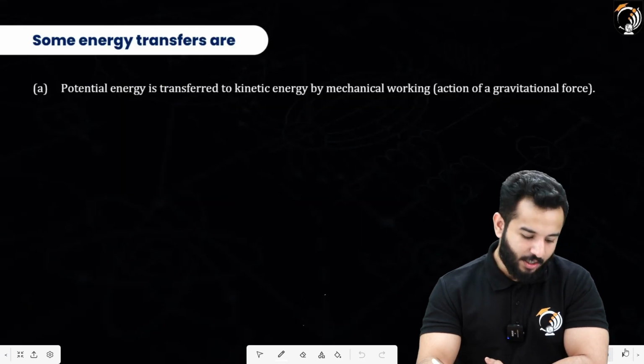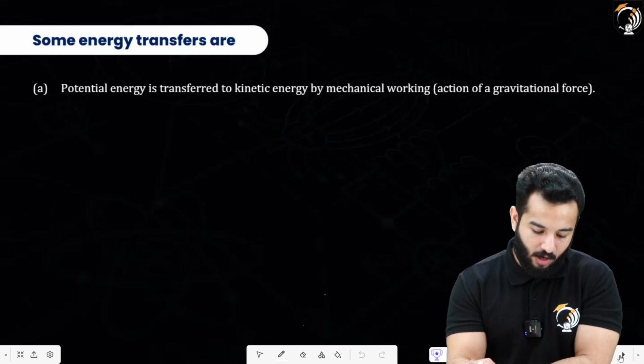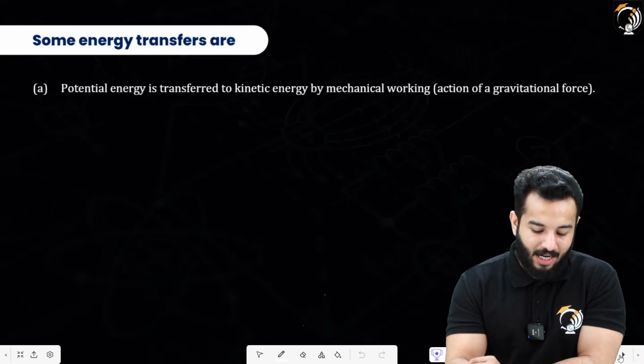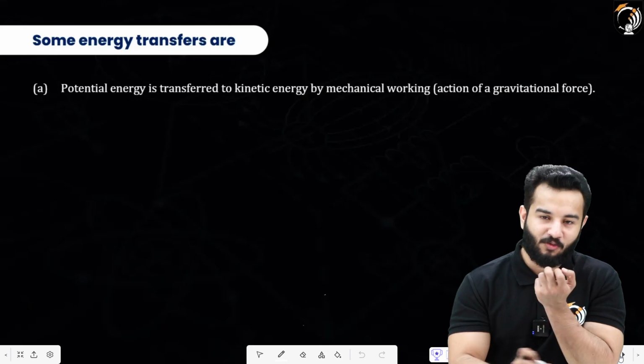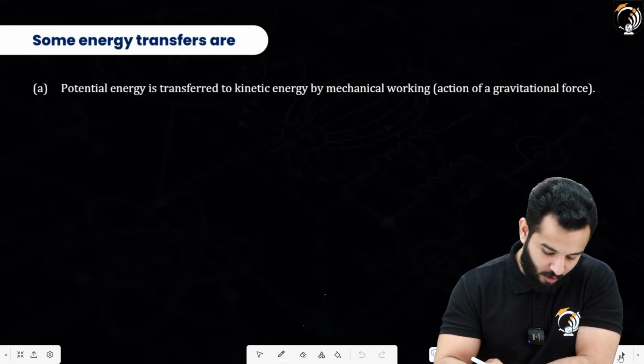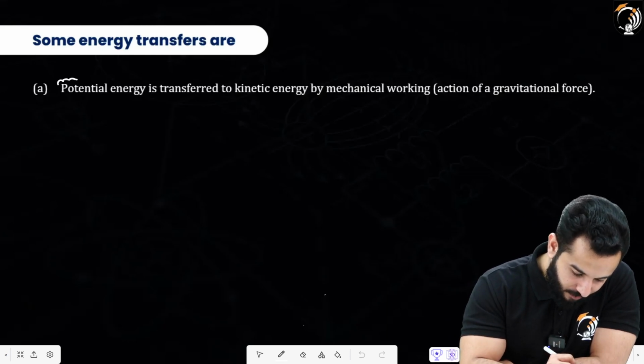Moving on, let's talk about some examples, like potential energy is transferred to kinetic energy by mechanical working. I know that we haven't discussed potential energy or kinetic energy yet, but for now I'm going to give you the definitions.